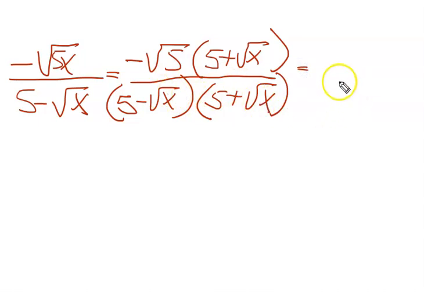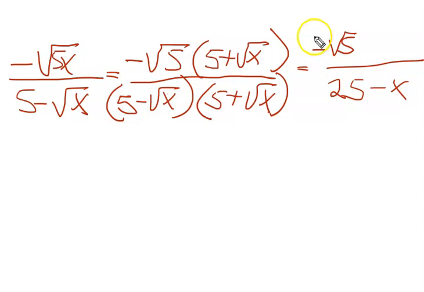Well, our denominator is going to be 25 minus x. And our numerator is going to be a negative square root of 5 times 5. So we'll write this negative 5, distributing this, and then a negative 5, the square root of x. And I believe that would be the answer.